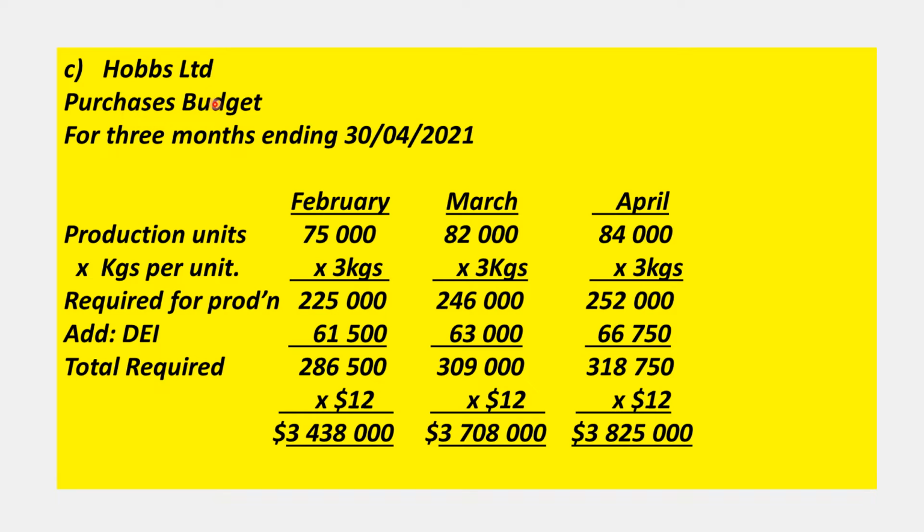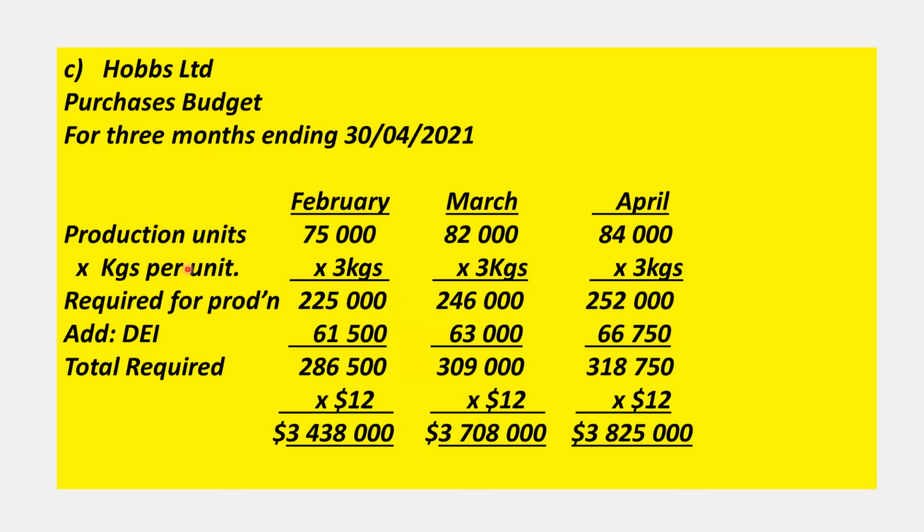Hubs Limited purchases budget for 3 months ending 30th of April 2021. We put in the production units at the top, and the important thing is the formula here. The production units is equal to the required production and the desired ending inventory. You'll get the total amounts required, and then you multiply that by $12.